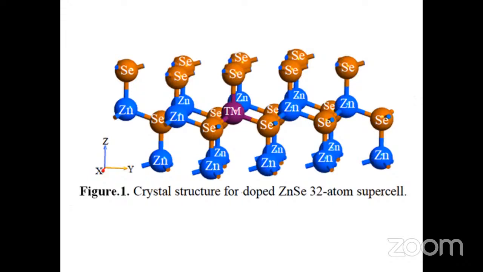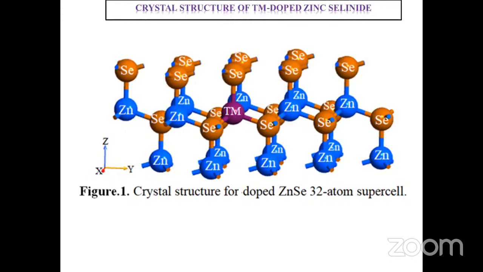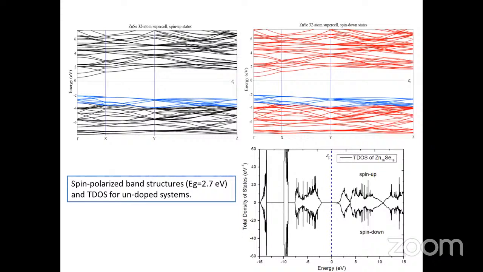In this slide, you can see the first principles calculation results of the 32 atom spatial structure.